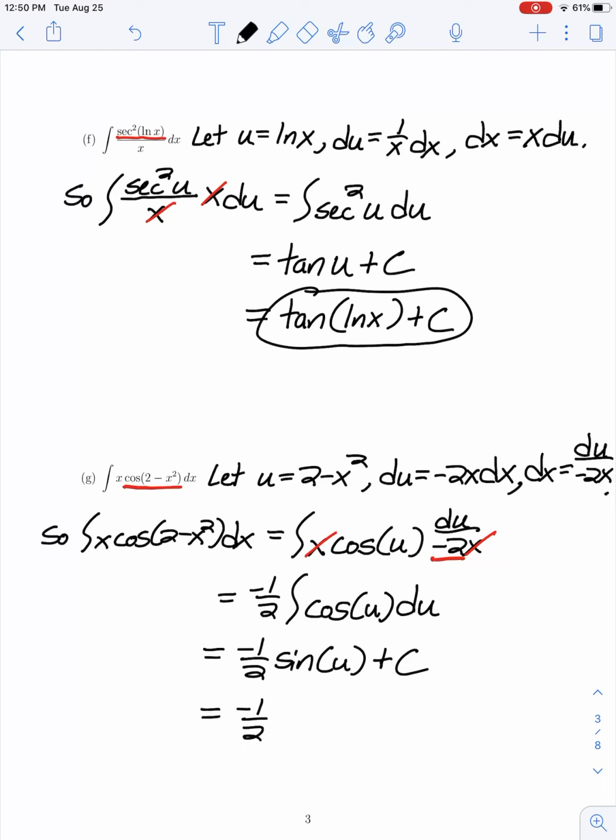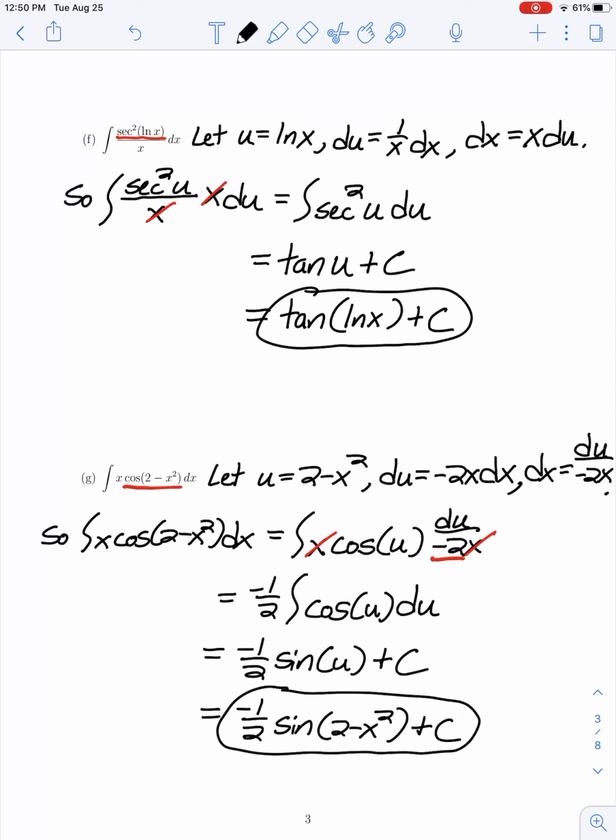So we have negative 1/2 sine of 2 minus x squared plus c. Okay. So here, these last couple of examples involved trig functions, but the general process is the same. As soon as we see those composite functions, we think substitution and make our choice for u.